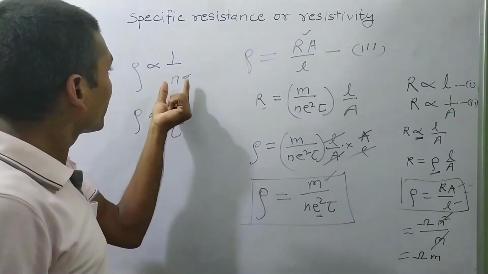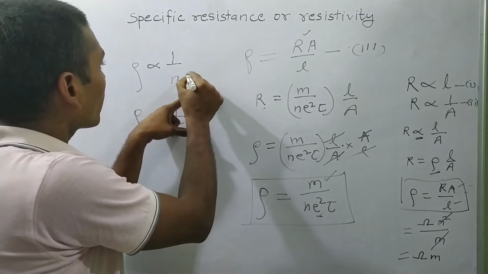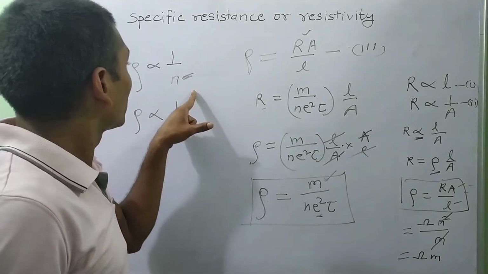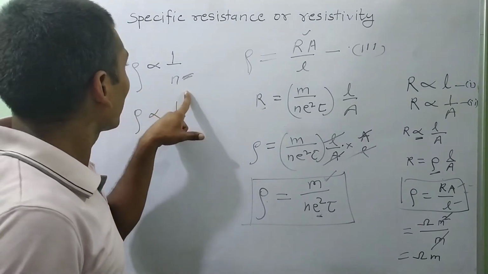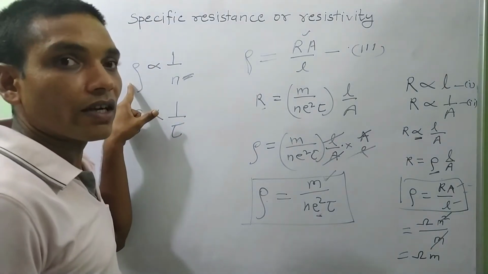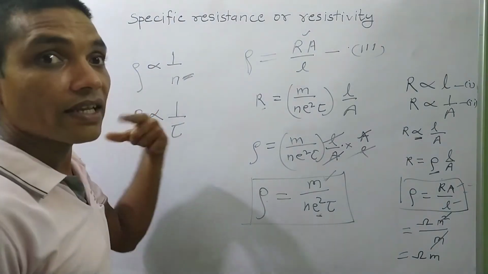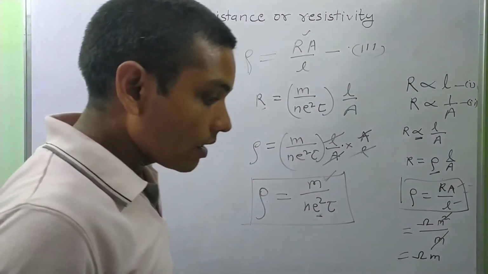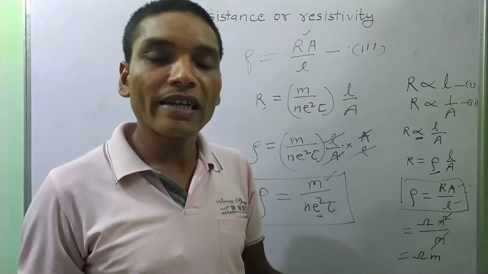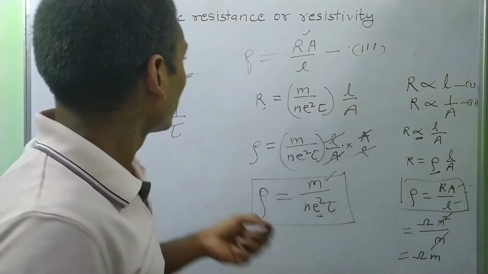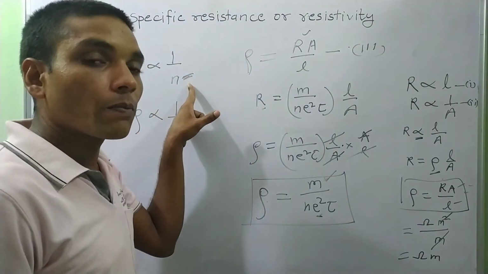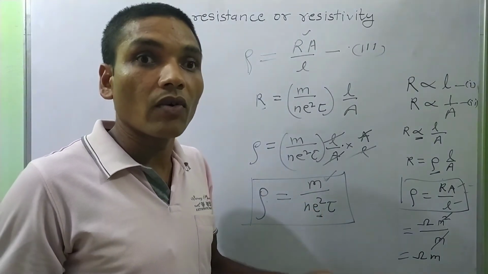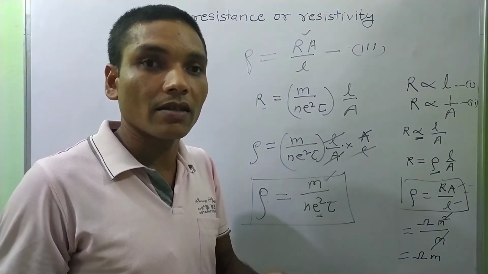Okay, and if the number of electrons per unit volume of the conductor decreases, then the resistivity of the conductor will increase. Now, for different conductors, the number of electrons per unit volume is different for different materials.